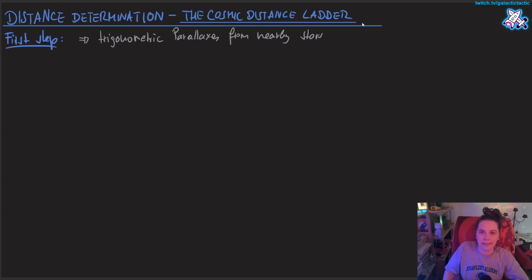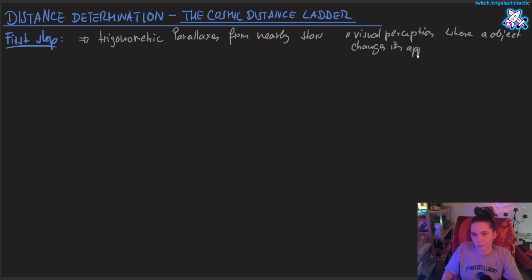This uses the visual perception where an object changes its apparent position, not the actual position, the apparent position, compared to a background that is further away.